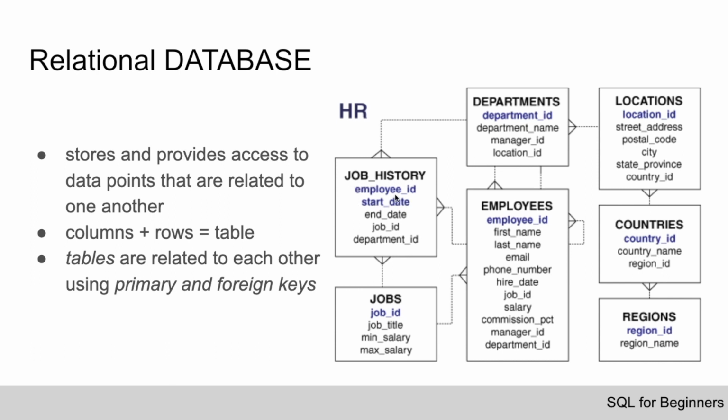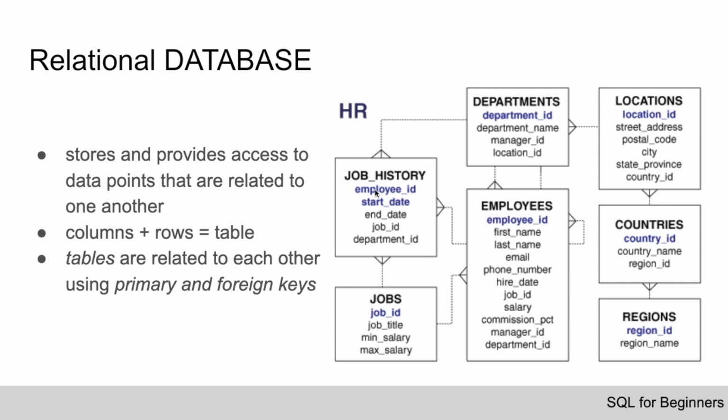For example, employee ID. Employee ID can be a key to relate with another table. For example, let's look at which table has employee ID. Okay, so the employees table here has an employee ID too. So this is the way they are related.